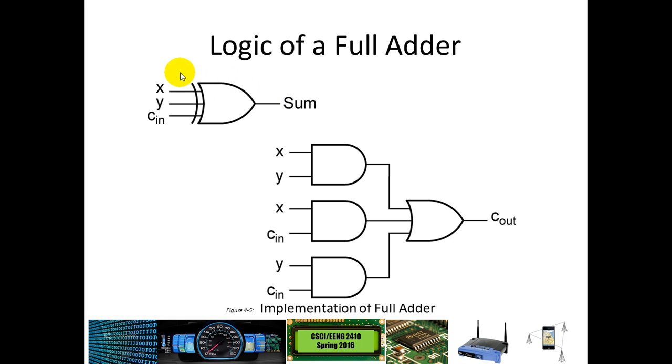In this case, the sum bit is actually happening whenever the total sum is odd, because that's when we see a 1 in our least significant digit. And this is an exclusive OR gate, which we've largely only thought of when it has 2 inputs. But actually what happens is when you have more than 2 inputs to an exclusive OR, it becomes an odd detector. And so if you have an odd number of 1s coming in on this, then your sum will be a 1. So that's the way that you can implement the full adder using the logic gate building blocks that you already know.